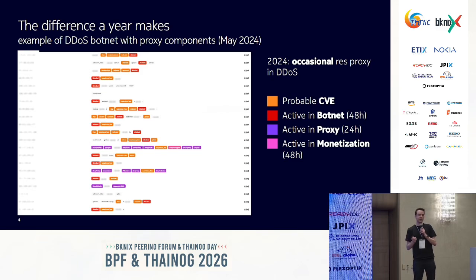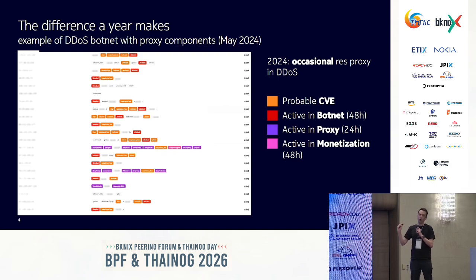When I look at DDoS, so when we at Nokia look at DDoS, we tend to have a lot of attack samples. And to us, this is kind of what it looks like, at least one of the things that we look at. That was from 2024, before things changed in the following year. So to us, this is a list of the top source IP addresses that were involved in one of the attacks that we saw in May 2024.